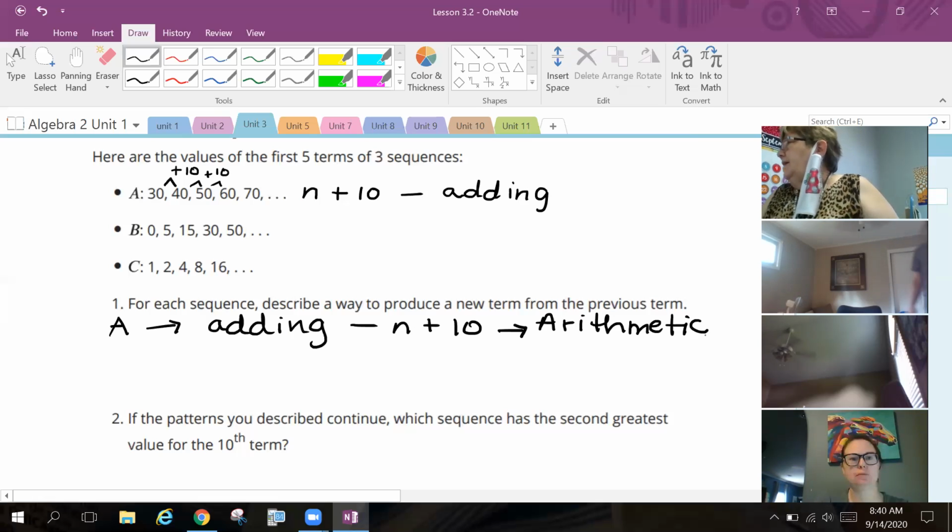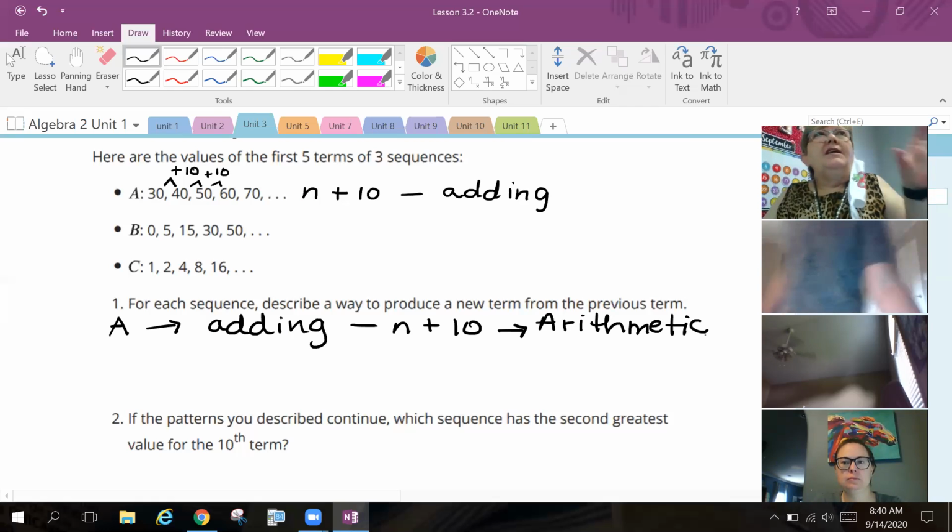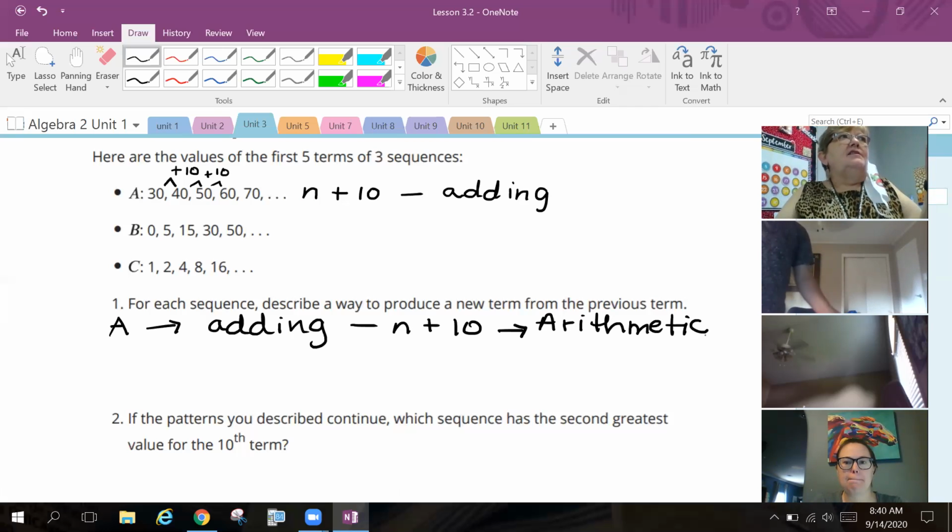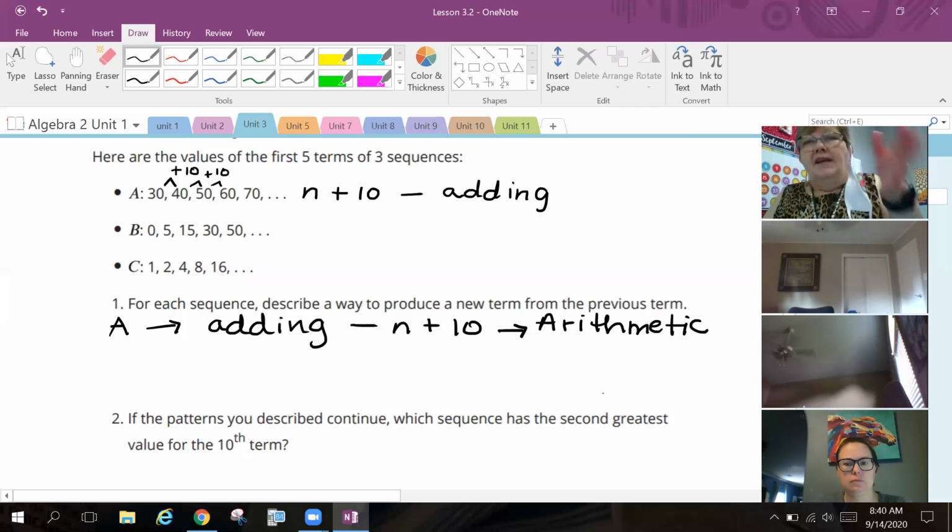That's what you have to keep in mind as you look at the sequences. Is it the same number consistently? Is it happening over and over again? How did I find it? By adding, multiplying, okay? In this case, it was adding, so I knew it was the arithmetic sequence. Now, sequence B. So everybody struggled with that one, is that right? Anybody? Is it like to the exponent?